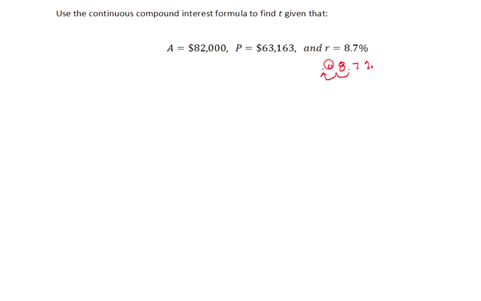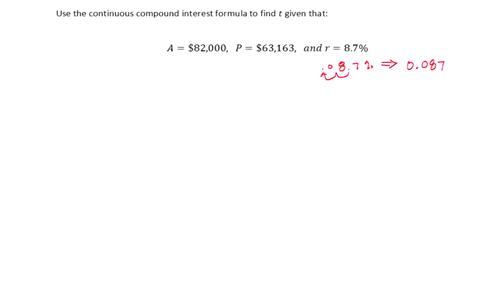I'm going to add a placeholding 0, and so 8.7% is equal to 0.087. Sometimes it's good to change r when given as a percent to a decimal, just so that you have already done that and it's something that you don't forget.